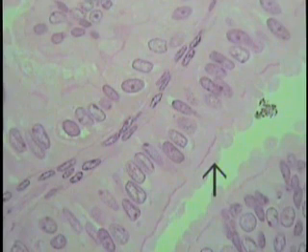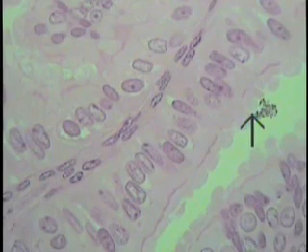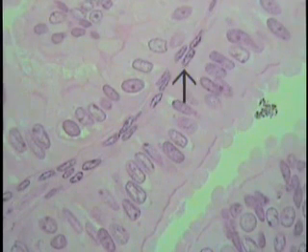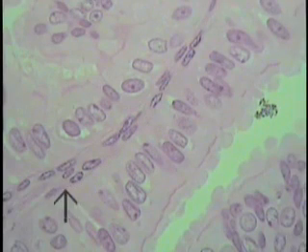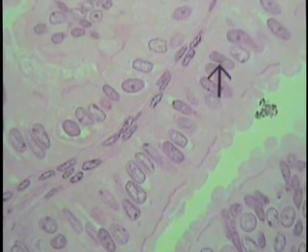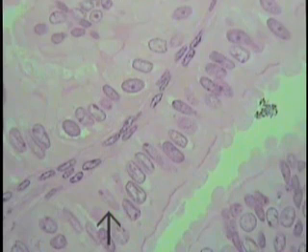The epithelial surface extends, the apex is located about the region of the arrow, and it extends to where the arrow indicates here, near the basement membrane. So this is a simple columnar epithelium, the nuclear profiles residing as indicated by the arrow.